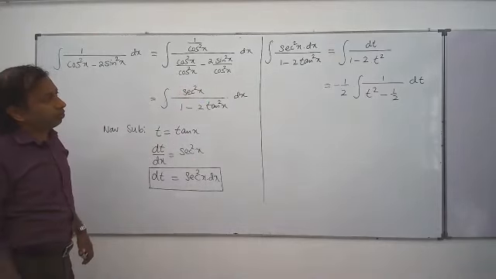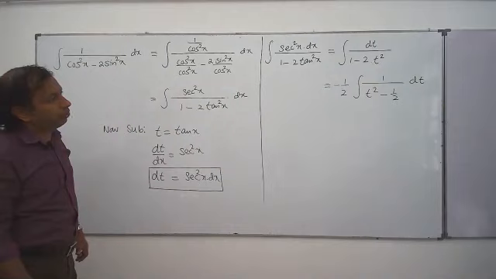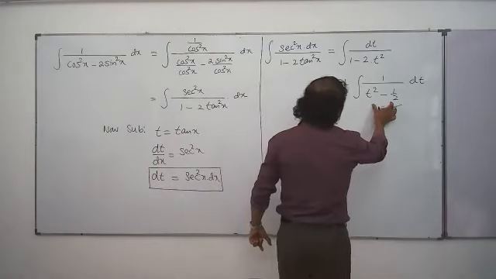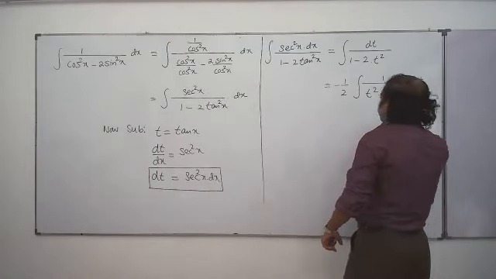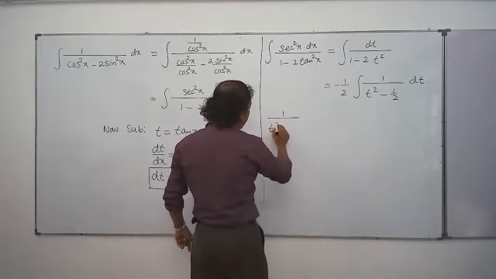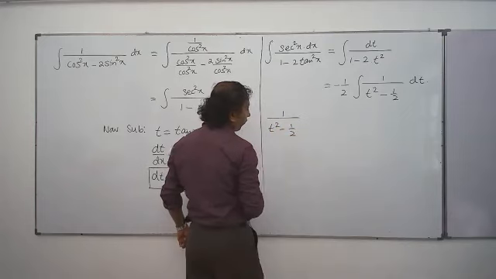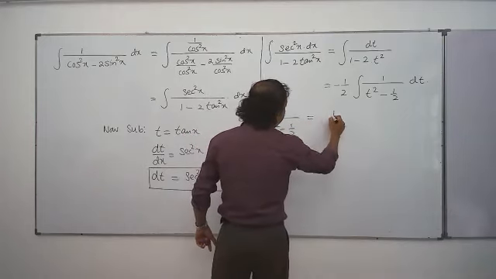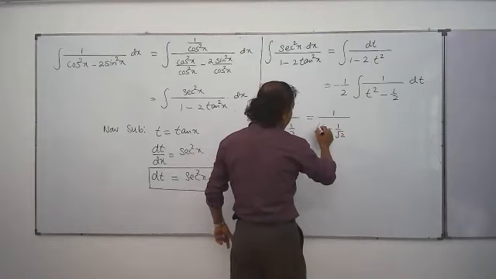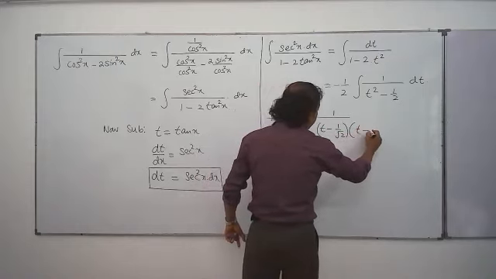You take from the denominator minus 2 out, that one should be divided by minus 2. Then can somebody tell me the way of integrating this? Yeah. Now this part we take separately. Okay. This 1 upon t squared minus 1/2. This one I am going to factorize. It is t minus 1 over root 2 into t plus 1 over root 2.